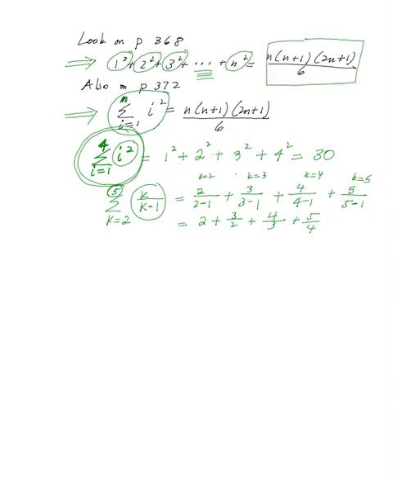Now, what's this business? 1 squared plus 2 squared plus 3 squared plus, keep on in that pattern, through n squared, equals n times n plus 1 times 2n plus 1 over 6. Is that even true? So let's check it out.